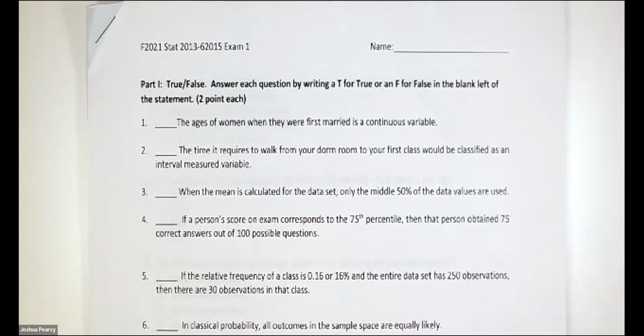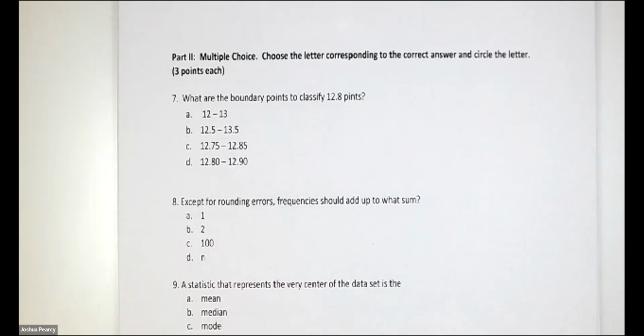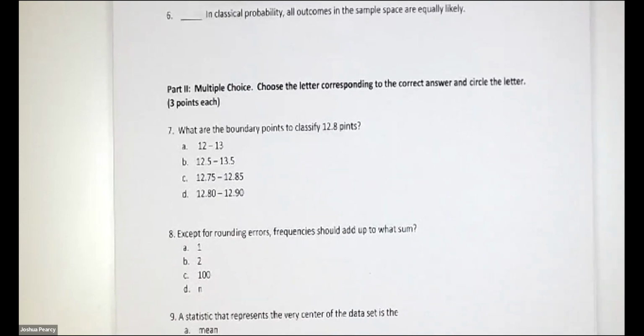So what else? Okay, let's look at one of these. So, except for rounding errors, frequency should add up to what sum? 1, 2, 100, or n? Remember, what is n?